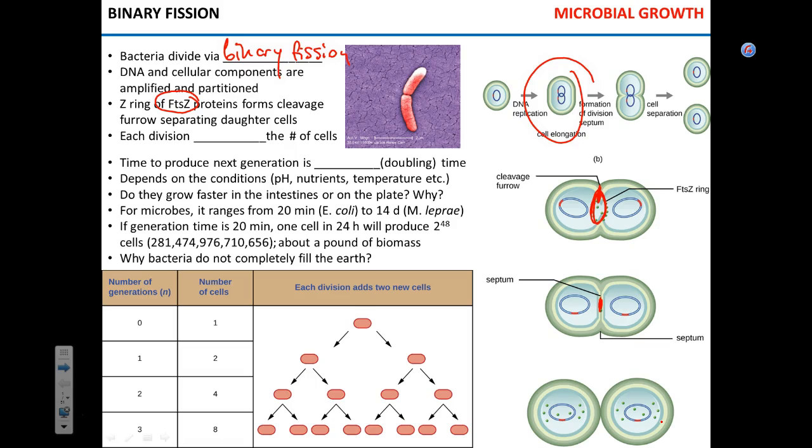The second division, 4. The third, 8. Right? So each division doubles, and the time that's required for the cell to divide to produce the next generation is called, surprisingly, generation time.